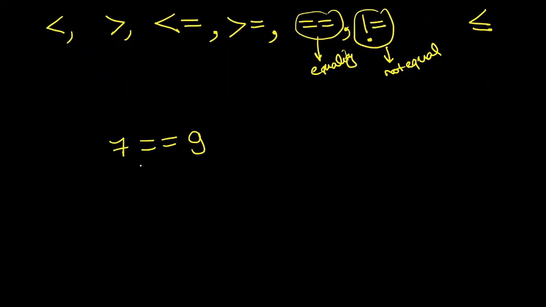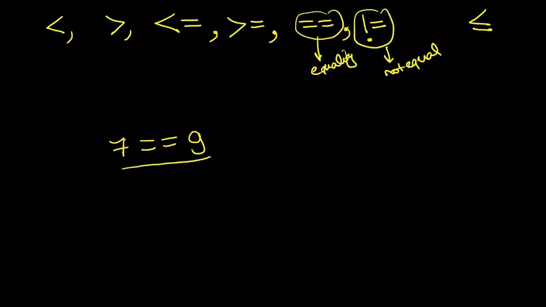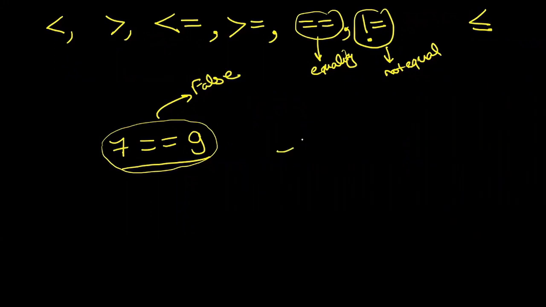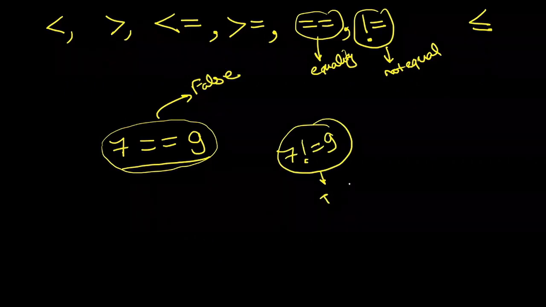When I write an expression 7 equal to 9, I am checking is 7 equal to 9. What will be the output of this expression? Guys, is 7 and 9 the same? No, 7 and 9 are not equal, right? So the output of this expression is false. But if I say 7 not equal to 9, then the output of this expression will be true. Because indeed, guys, 7 is not equal to 9.